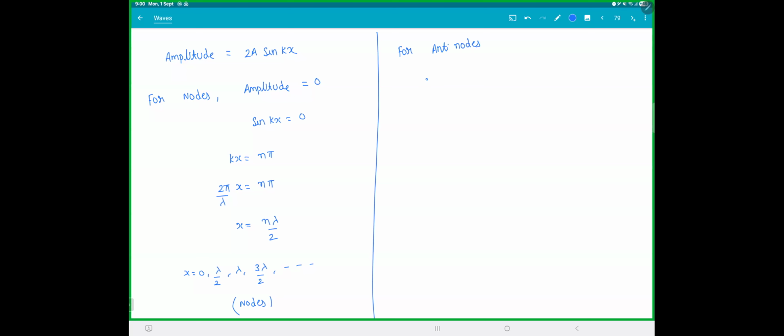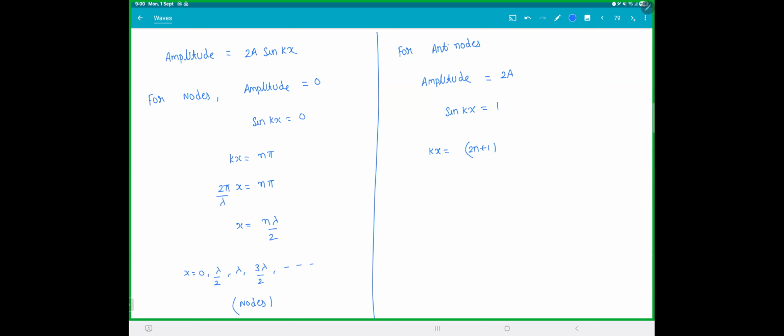For antinodes, the amplitude is 2a, the maximum. Sine kx is equal to 1, and we will get kx is equal to (2n plus 1) pi by 2, in magnitude actually.